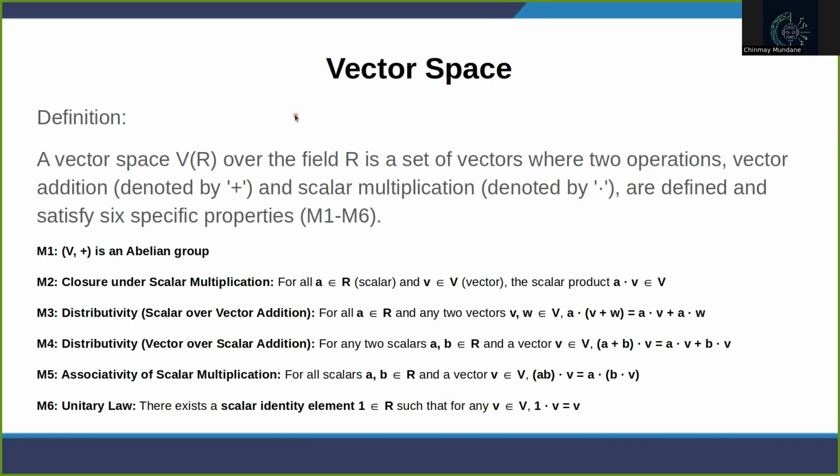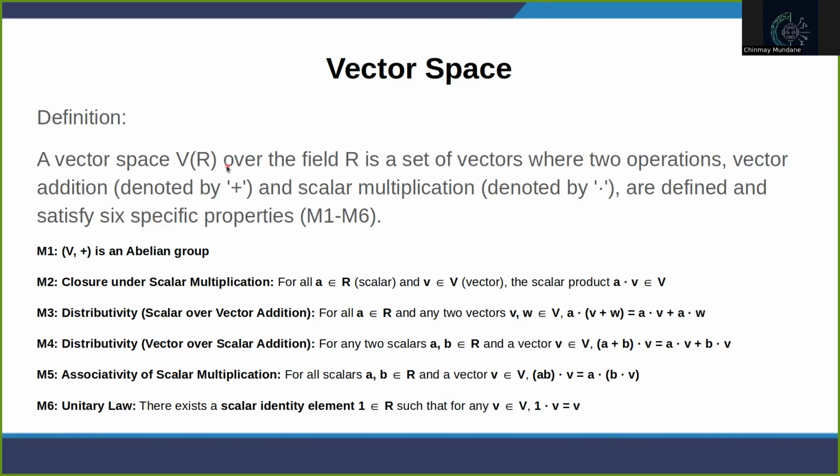So all the vectors you see which are in that box are called the vectors of that vector space. So you can see vector space V over the field R. So R is nothing but the real numbers and V is nothing but the vectors. So this is a set of vectors over the field R.